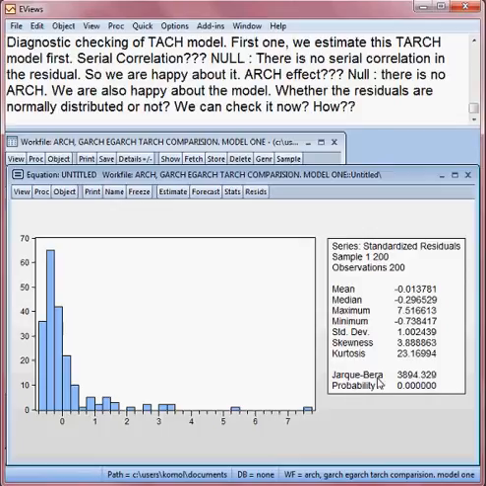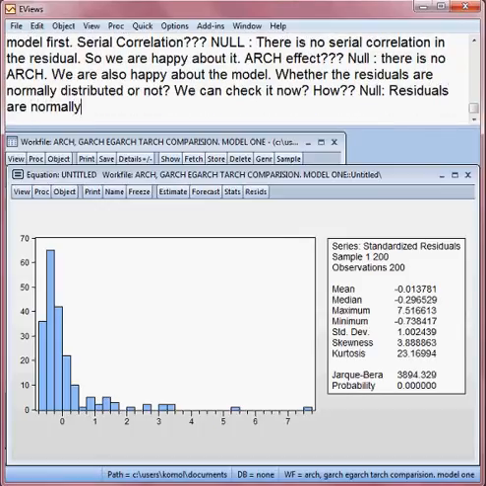Our null hypothesis is that residuals are normally distributed, and the alternative is that residuals are not normally distributed.